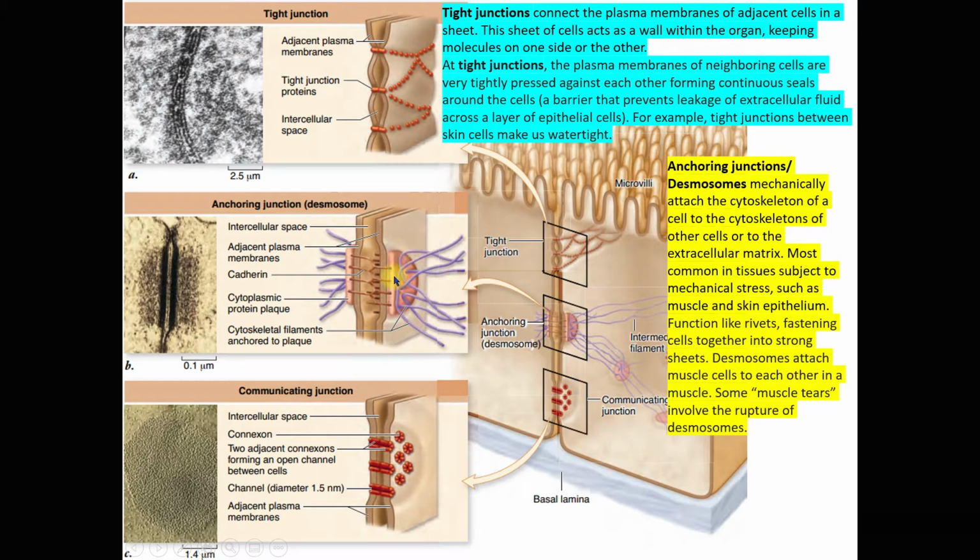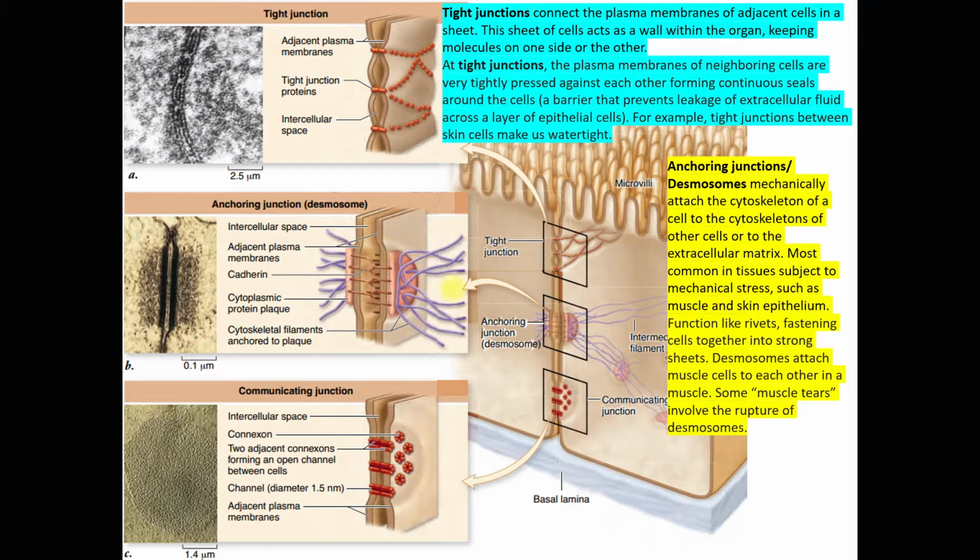Now these desmosomes are most common in tissues that are subject to mechanical stress. Maksudnya desmosome ni banyak dijumpai di tisu yang selalu kena tekanan, contohnya muscle and skin epithelium.